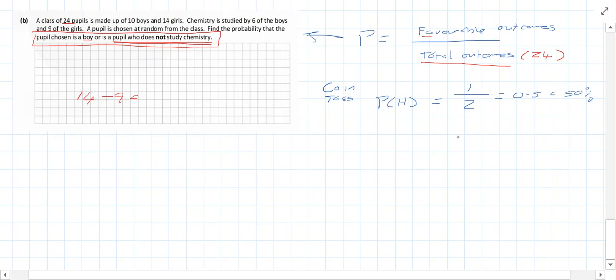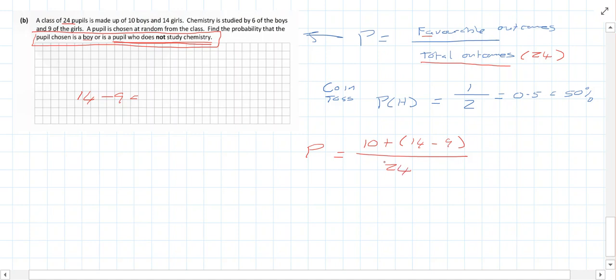So what we can say is that the probability is going to be equal to the number of boys, so you have 10, all the boys are included, plus the number of girls that do not study chemistry. So it's going to be 10 plus 14 minus 9, divided by the total possible outcomes, so we have 24 students.